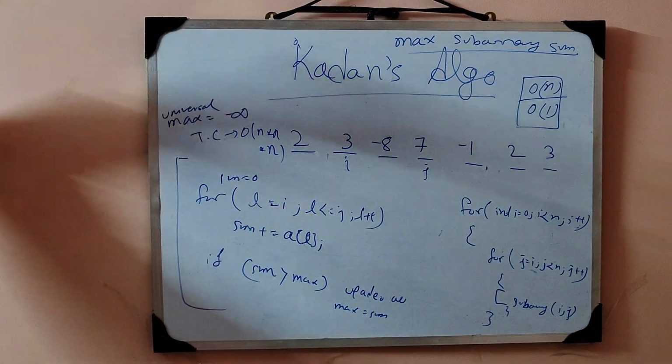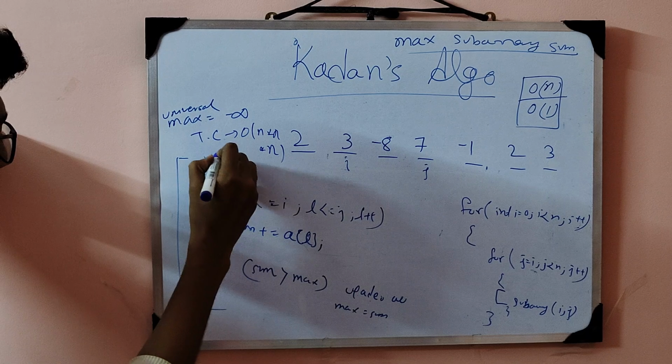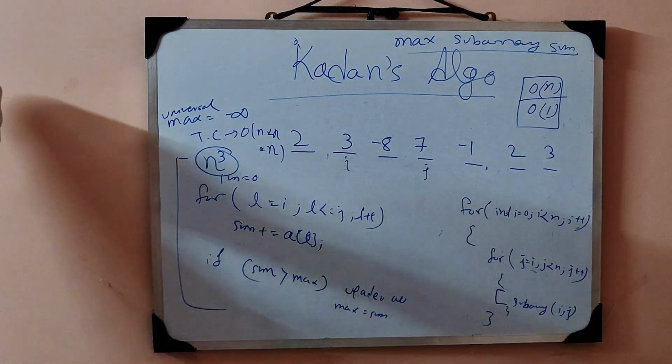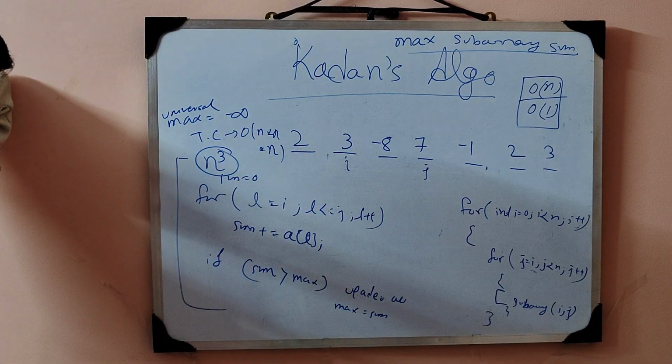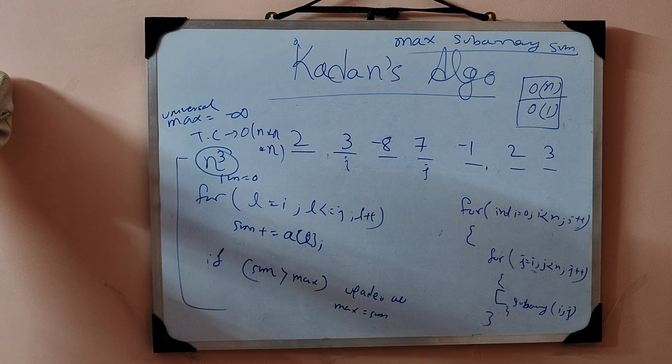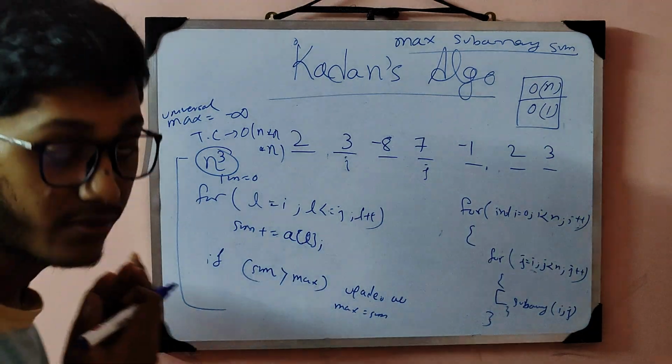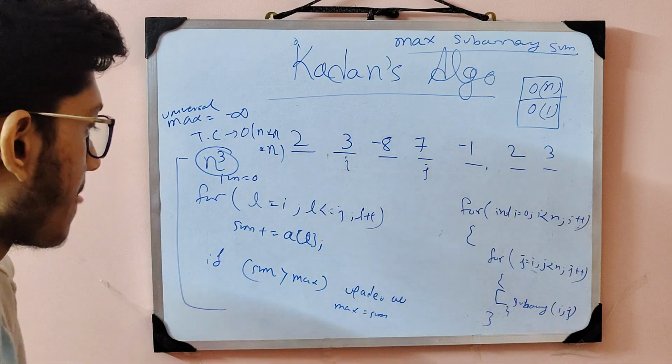So it is the worst case time complexity of big O of n cube. Oh my god, it is very costly, right? If the constraints are very huge, you can't use this.